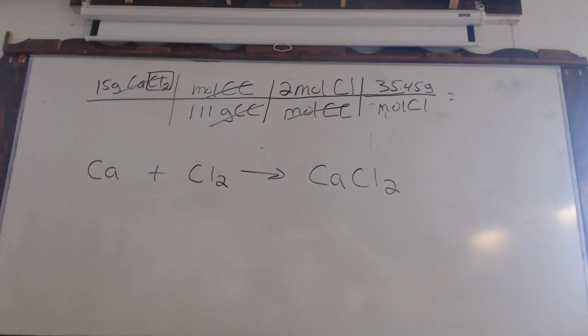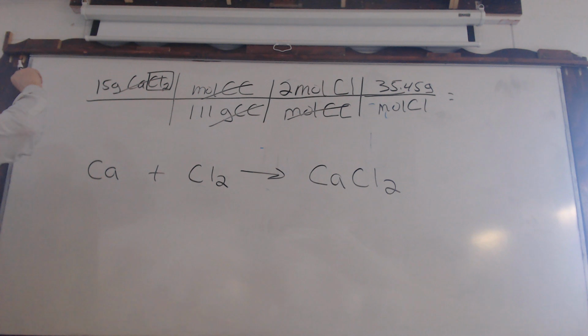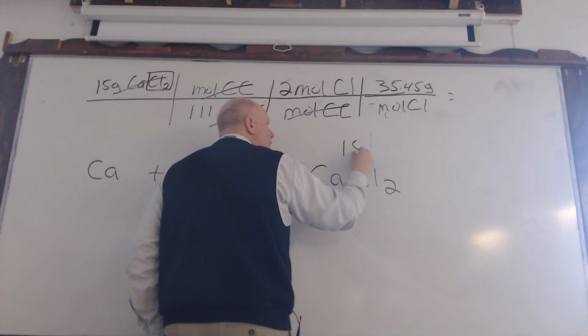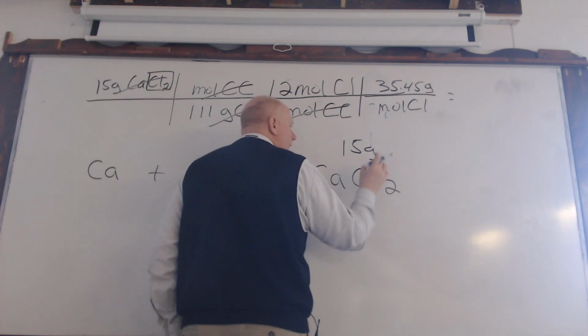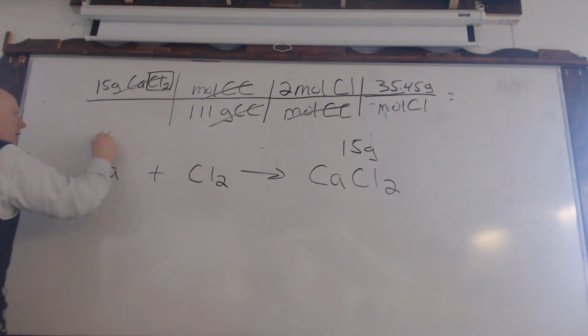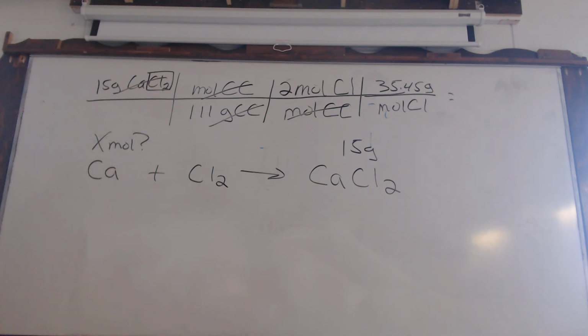So how this is different from what we have learned is, let's say, for instance, we produce 15 grams of calcium chloride. How many moles of this is needed to do that?